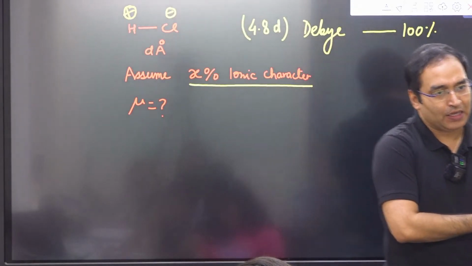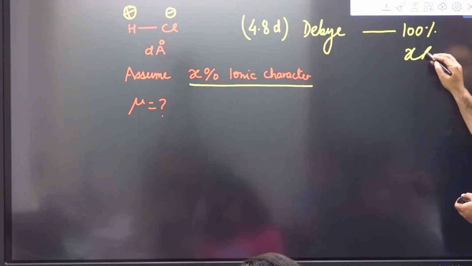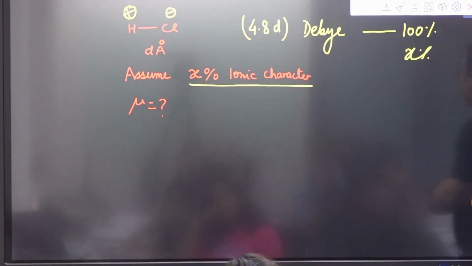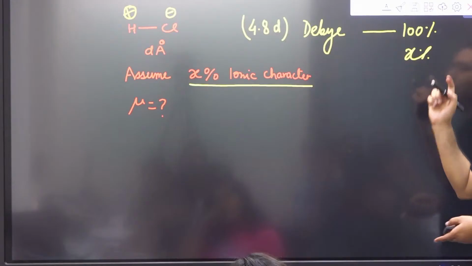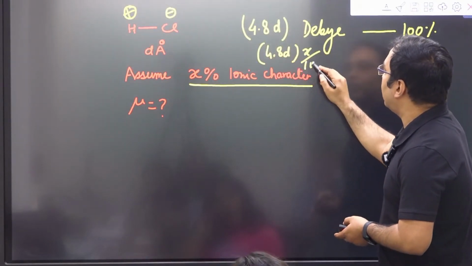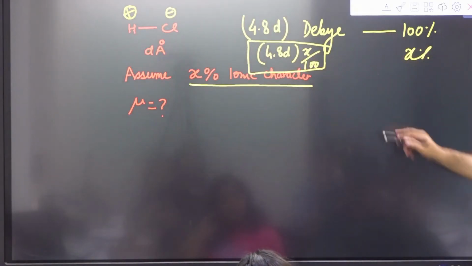Distance should be in angstrom. This is my answer. But since it is X%, let's say 25%, 30%, 40%, you can solve any question. So what should be the value now for this case? 4.8 into D into X divided by 100. So that is the value of mu.